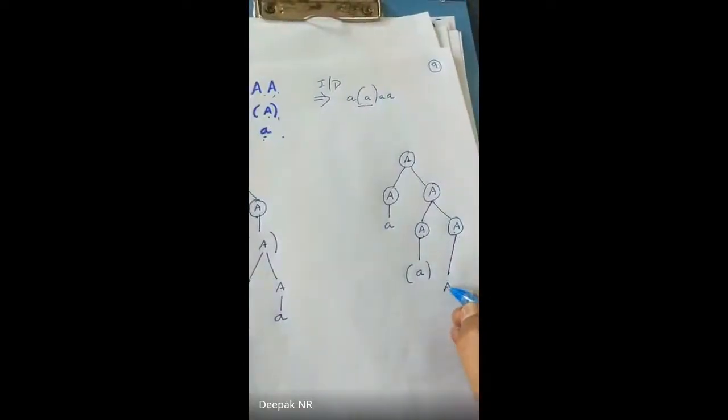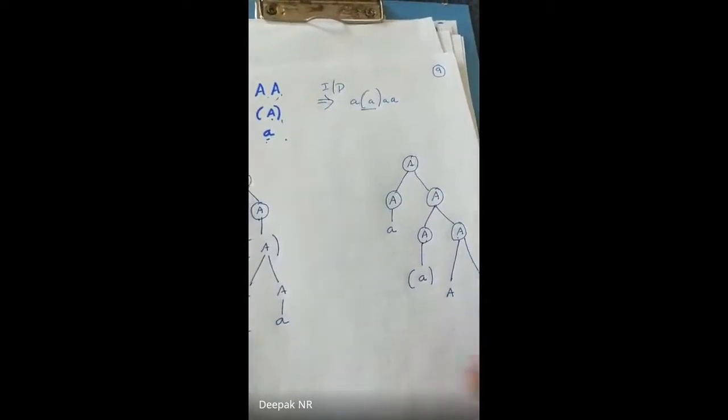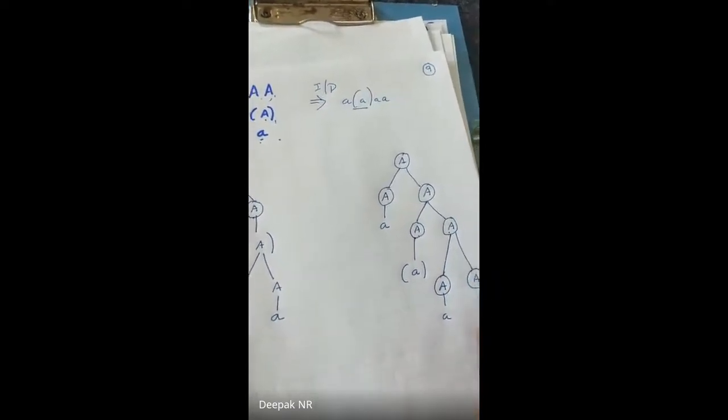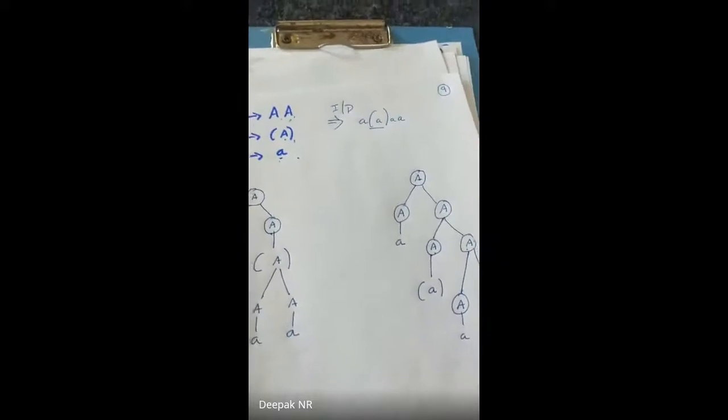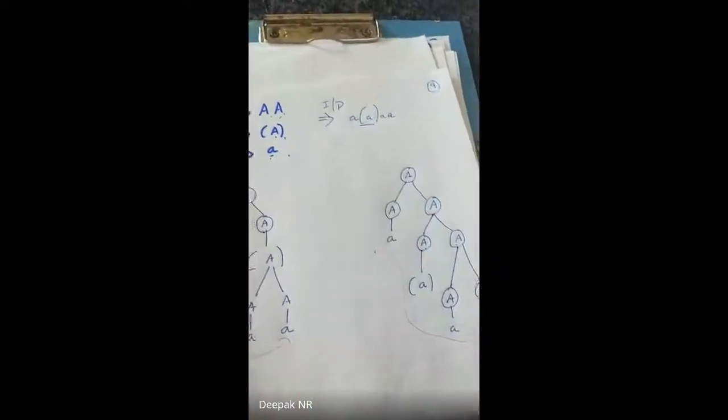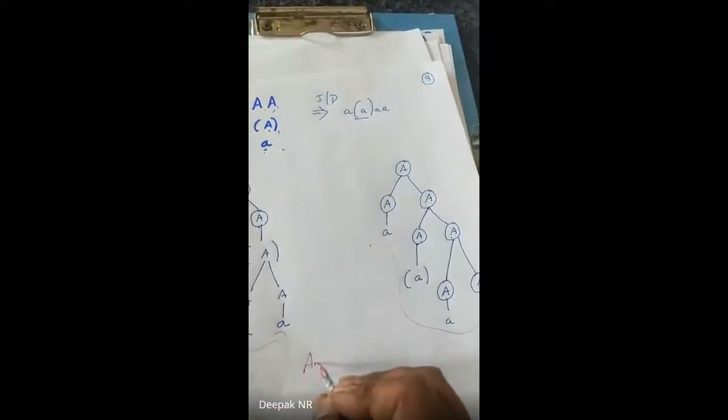I write one A over here and one more A. If you observe the given diagram, going this way it is the same, going this way it is also the same, and hence this is ambiguous.